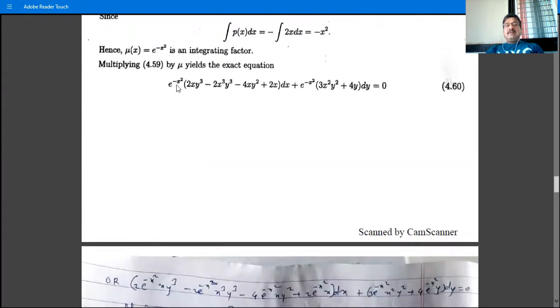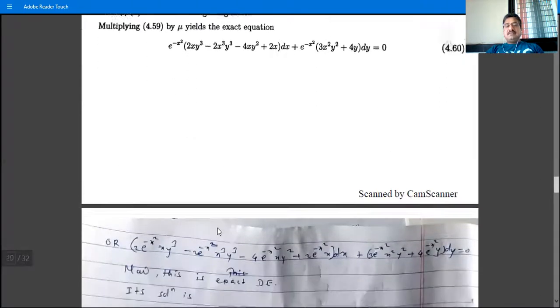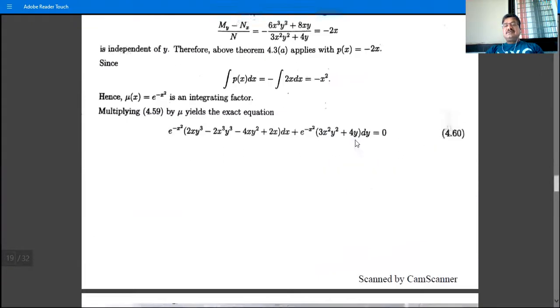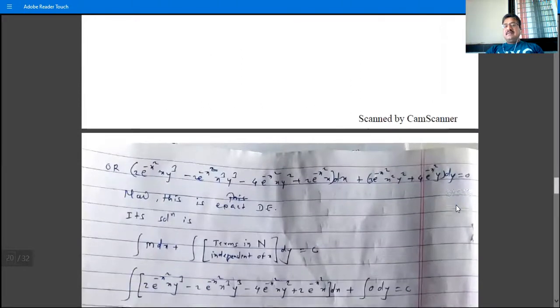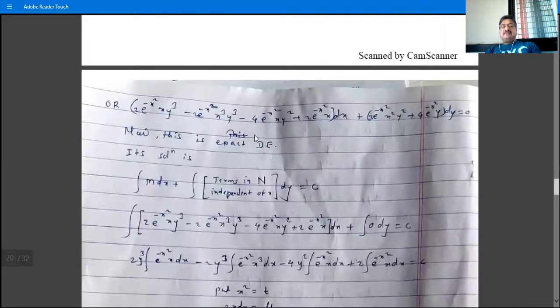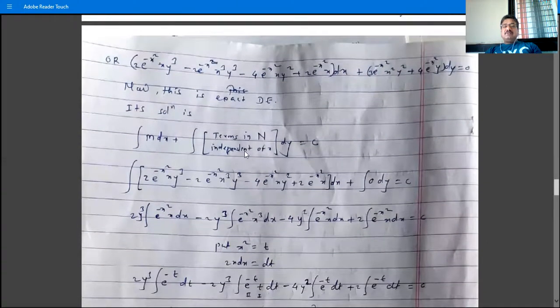Multiplying by e raised to minus x square to each term, we have this dx. Then multiplying e raised to minus x square to both terms, we have this dy equal to 0. Now this is an exact differential equation, and so its solution is integration M dx plus integration of terms in N independent of x dy equal to constant.